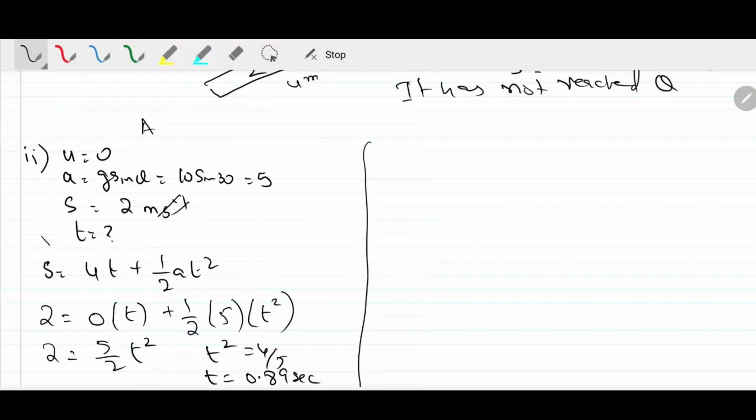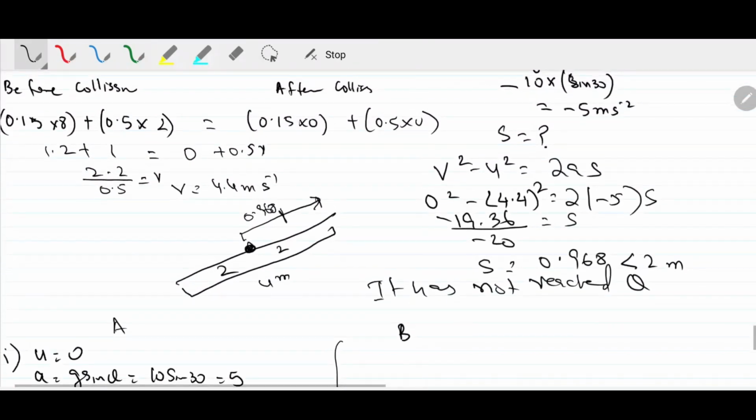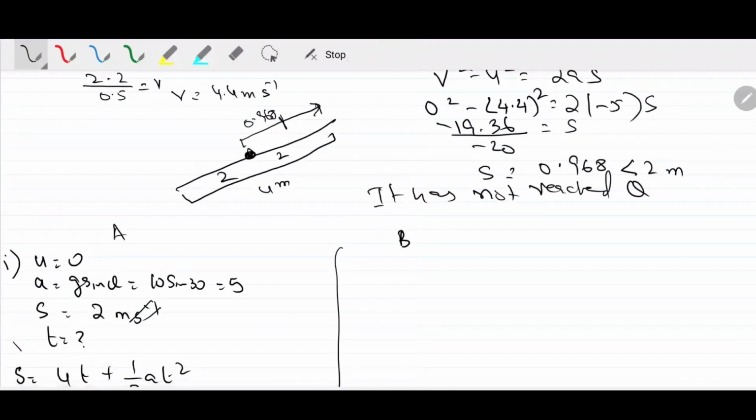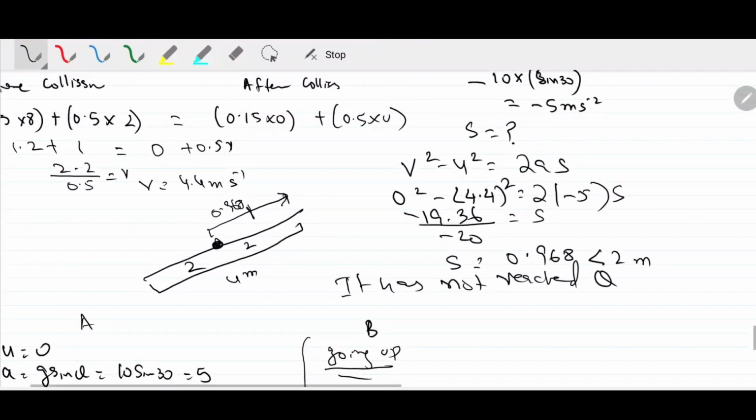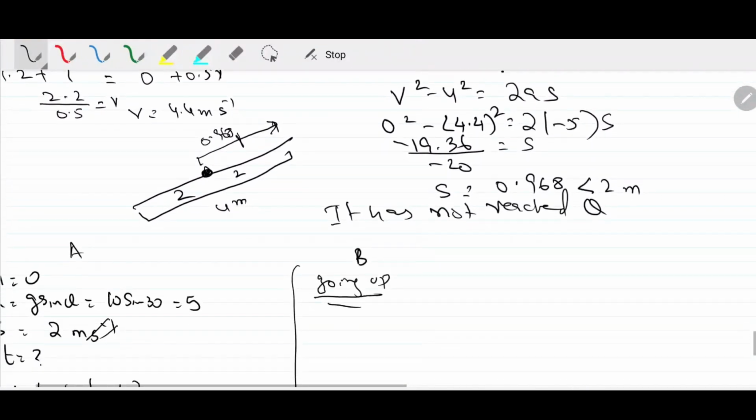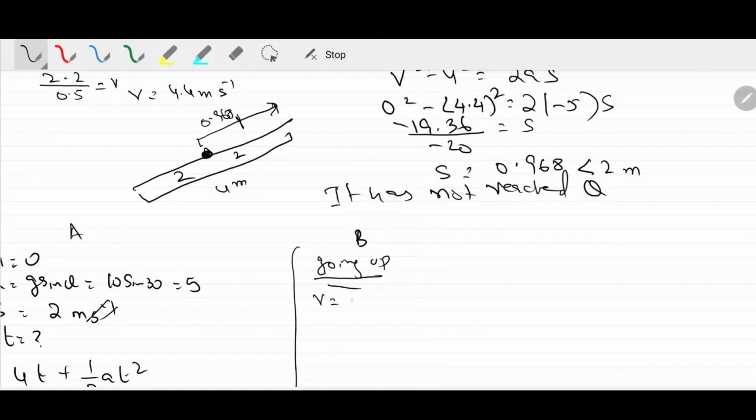Find the time interval between the instant of A's arrival at P and the instant of B's arrival at P. B will first go up and then it will come down. So we need to find the time for which B is going up. In the previous part, we calculated that when B is going up, its initial velocity is 4.4, its final velocity is 0, and its acceleration is minus 5.